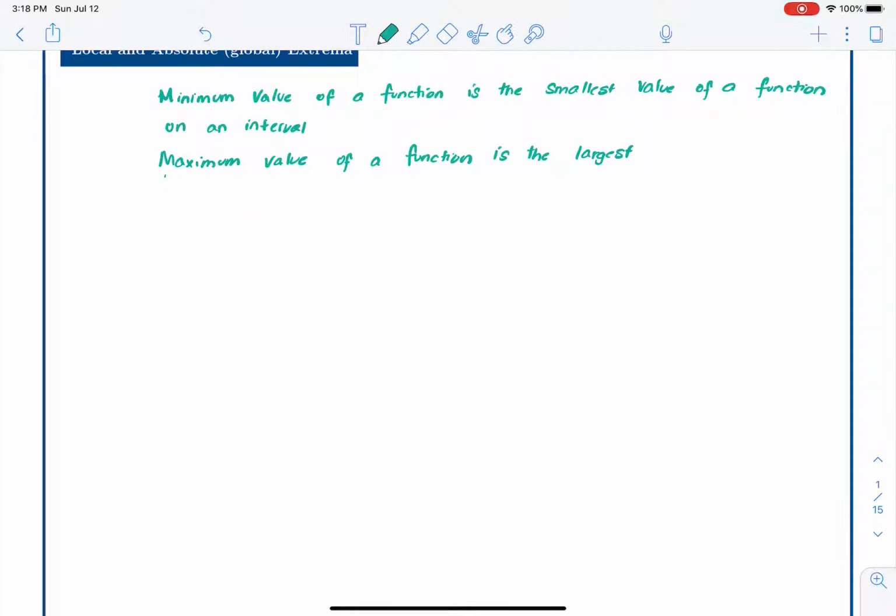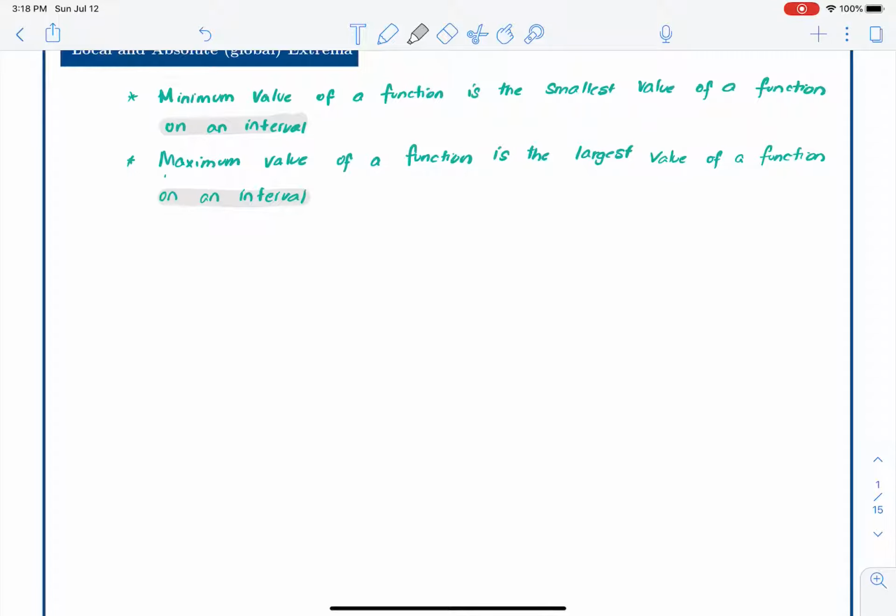And the maximum value of the function is the largest value of a function on an interval.